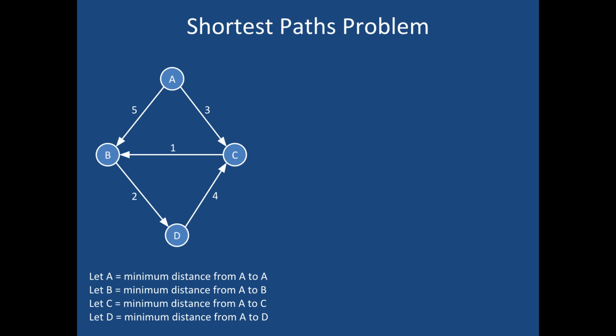Now, what constraints can you put on it? We're going to solve simultaneously for all those answers, but what constraints can you put on it? Let's assume no negative edges. That's what Dijkstra's algorithm assumes.